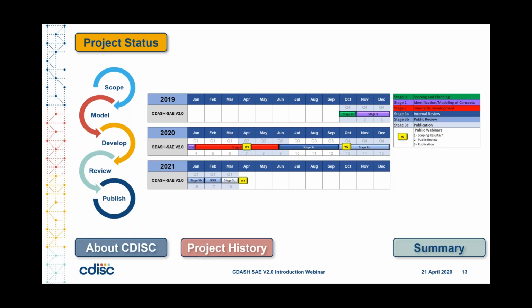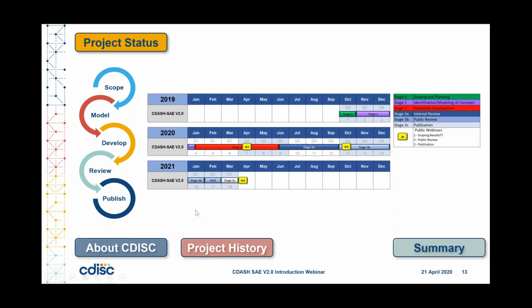We'll then move into an internal review phase, which again is part of our standards development process. We'll focus on some targeted reviewers in the foundational teams and take a look at the standard. Once we've resolved those comments, we'll move into a public review phase, which is anticipated in October, where we'll conduct a second public webinar, and we'll be able to show in a little bit more detail what has been developed throughout the project.